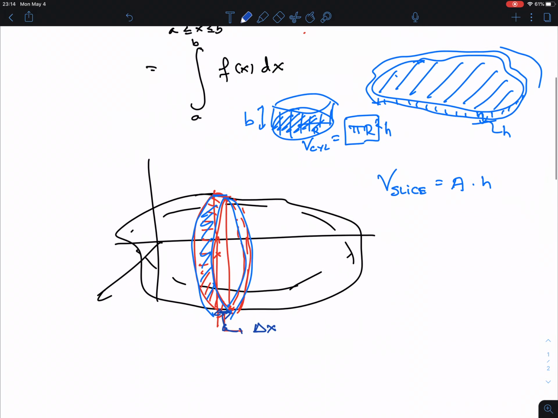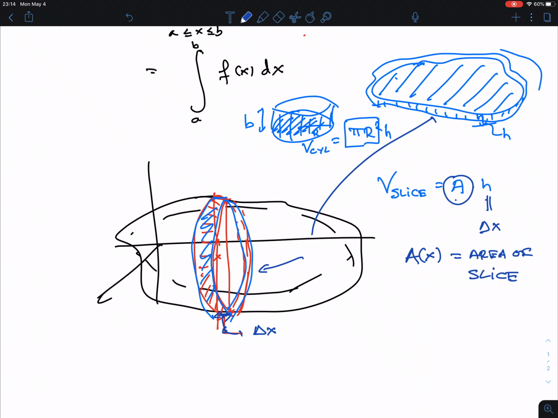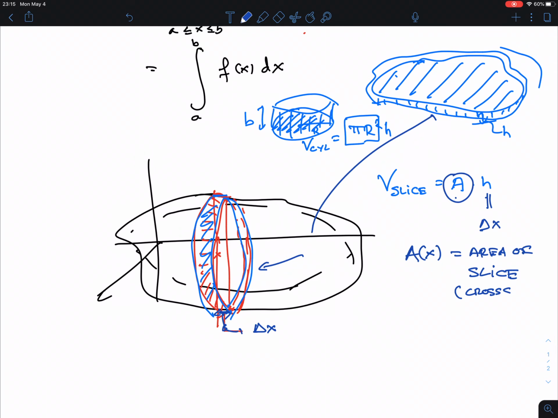So what does this correspond to in my picture here? Think about it. Which of these two is delta x? If you put this picture down and make it look like this, you see that this is delta x, and this is just the area. So A of x is the area of the slice. When I slice somewhere, I get a certain cross section, and the area of the slice, or the cross section.